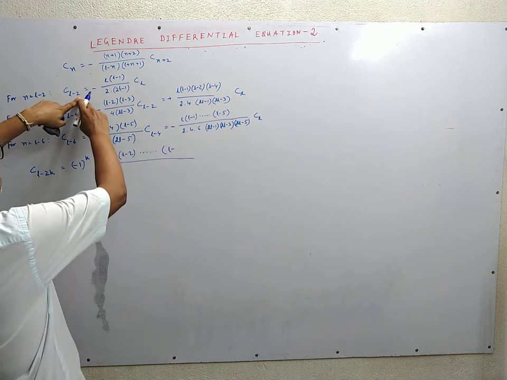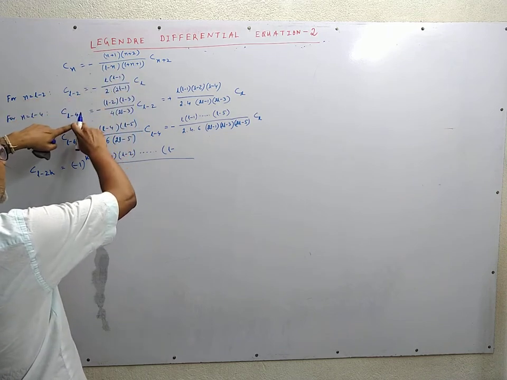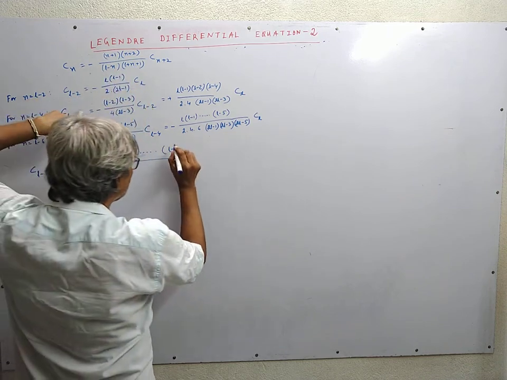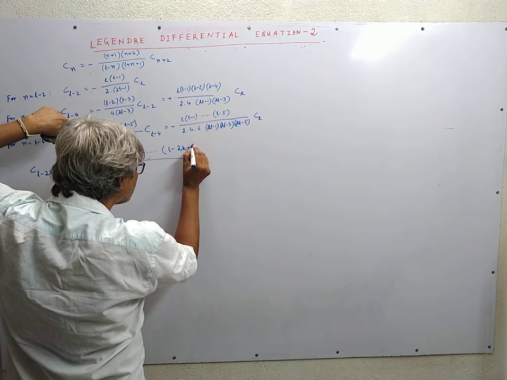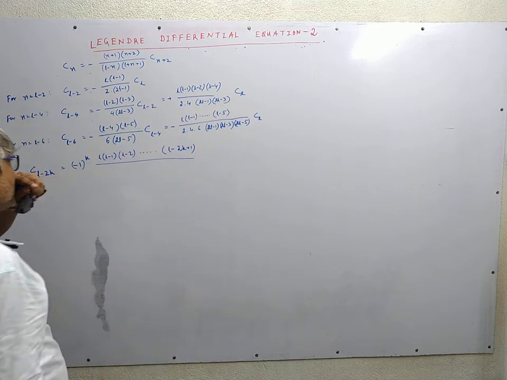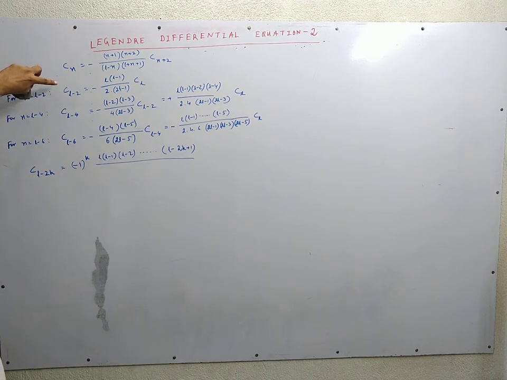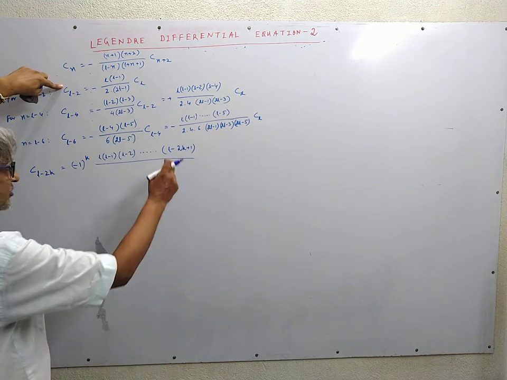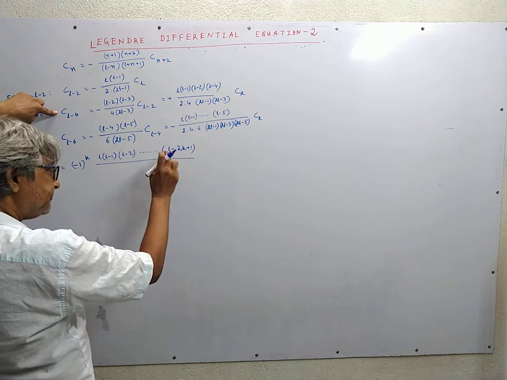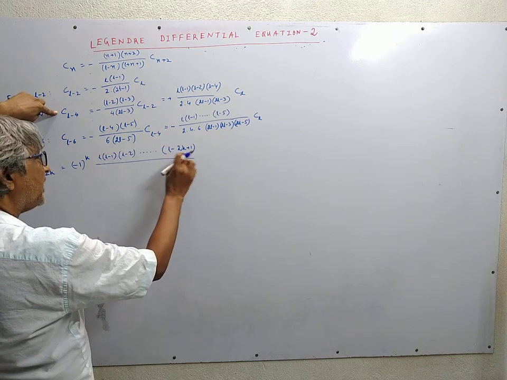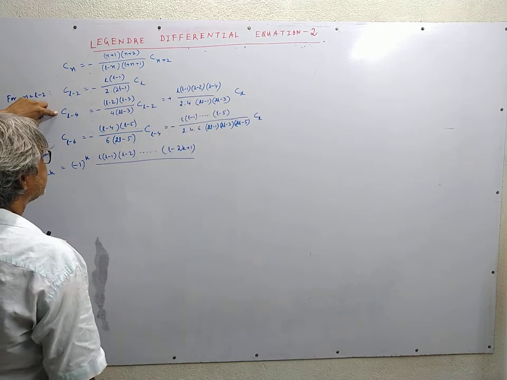for minus 2 it is 1, for minus 4 it is 3. So this is 2k plus 1. In this case k is equal to 1, so it is L minus 1. In this case k is equal to 2, so it is L minus 3. The last term is L minus 3.